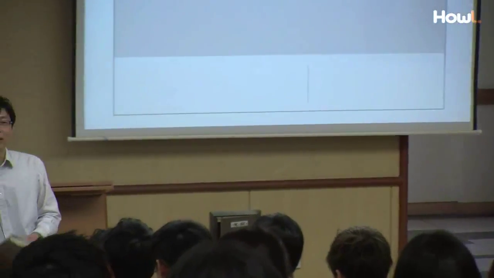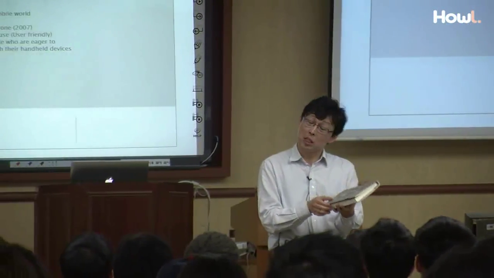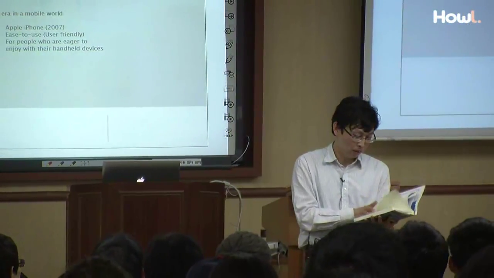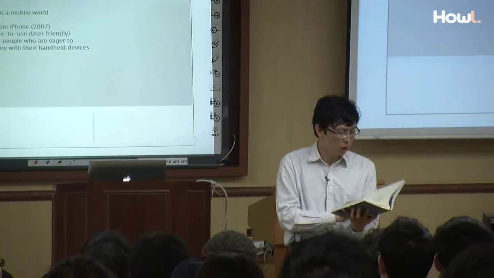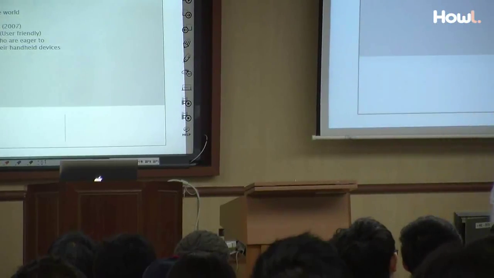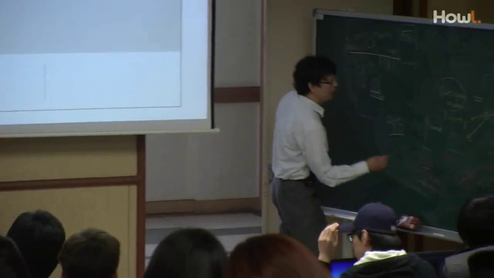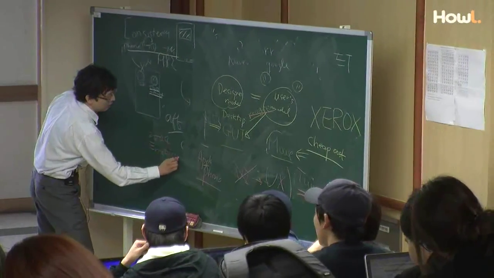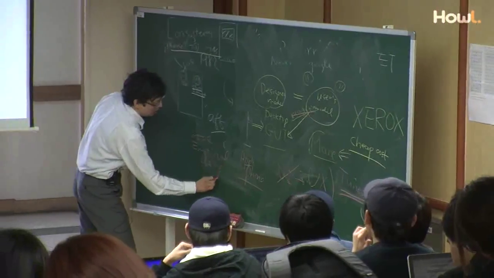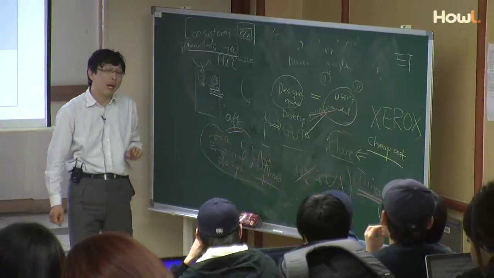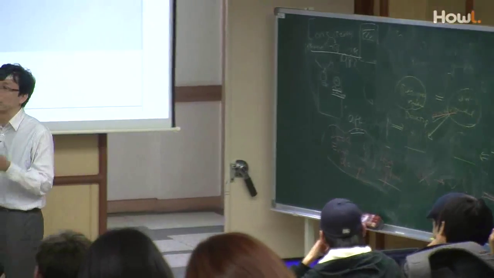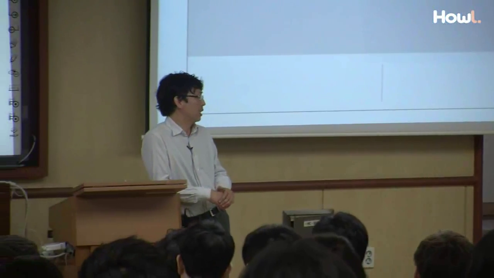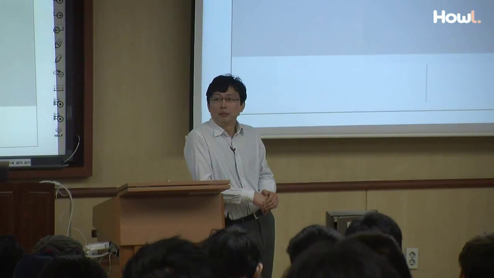Donald Norman wrote a book in 2007, 2008? 2007, is it? 2004. Okay, 2004, Donald Norman's Emotional Design. This book is not as great as the previous book, but what he said in 2004 was, I was wrong in 1982. Oh, his idea was wrong.